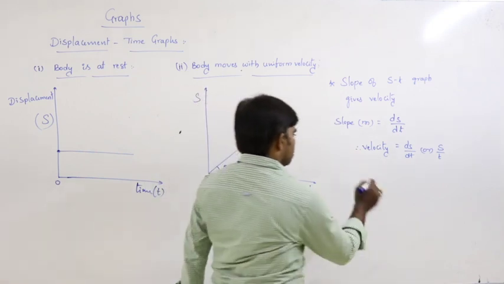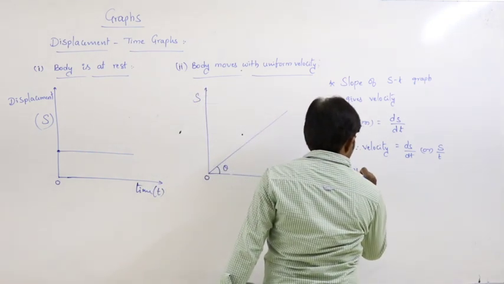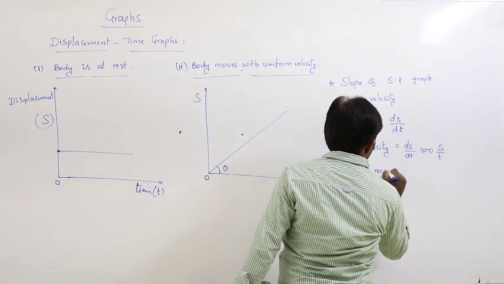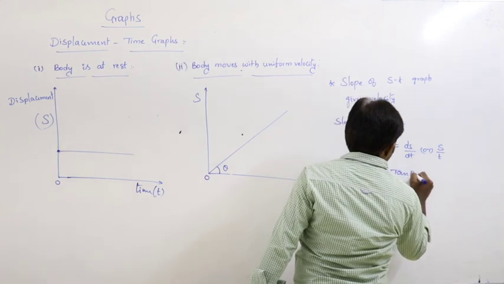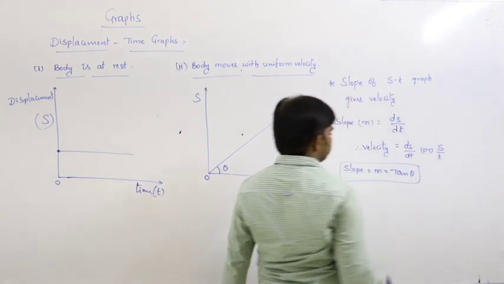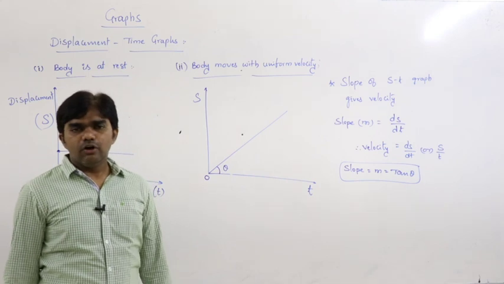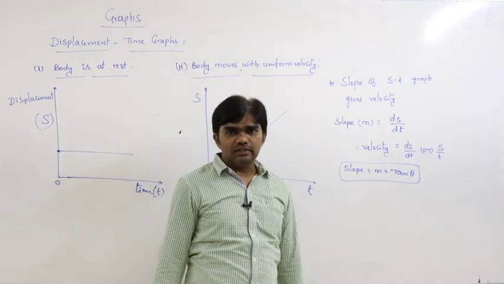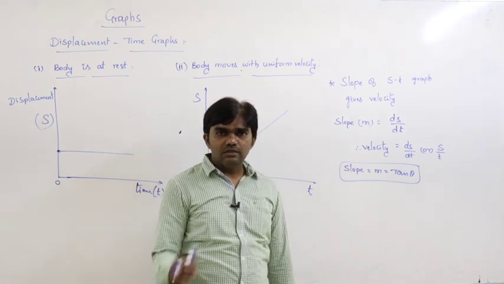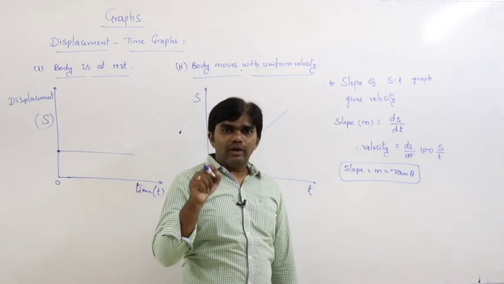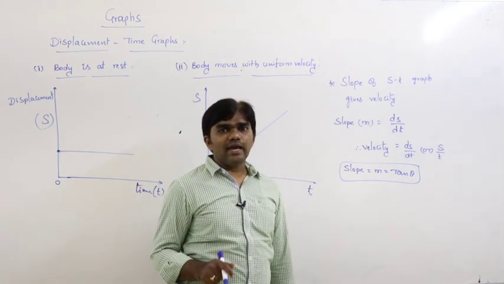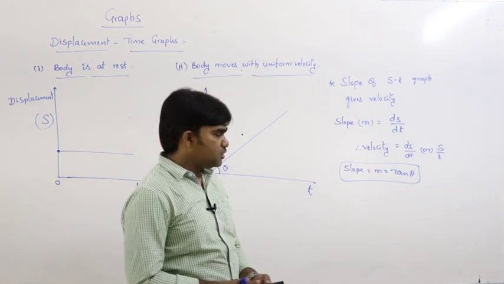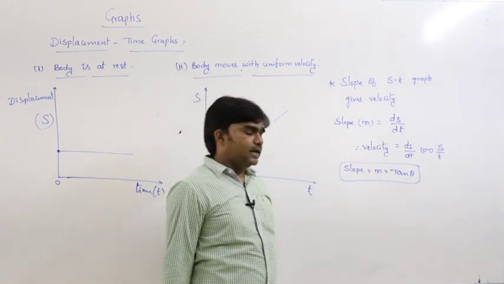So the slope is equal to tan theta. If only theta is mentioned, we just have to calculate tan theta to calculate the slope, when only the angle is mentioned. Slope is equal to tan theta.